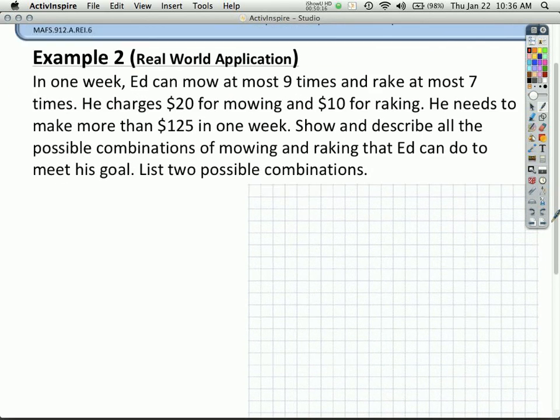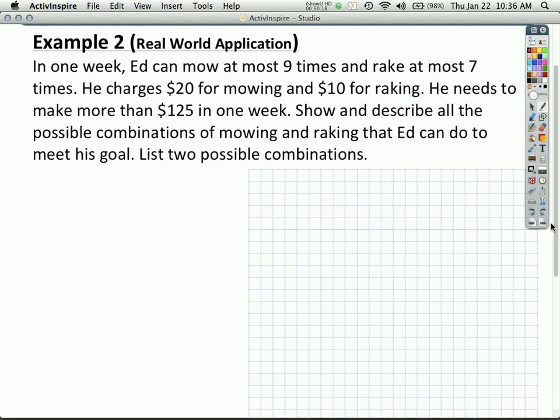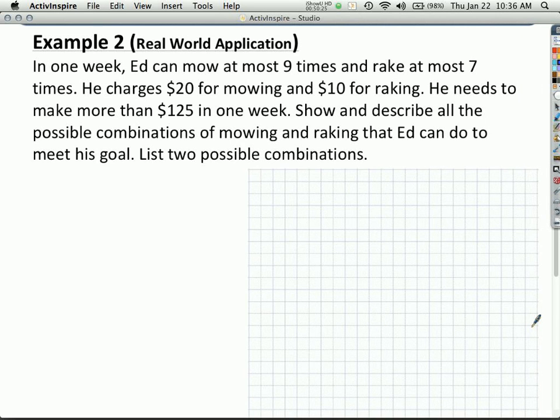I do not need you to copy the text of the question. I need you to read the text of the question. Of course, write example 2, and then read the text of the question.